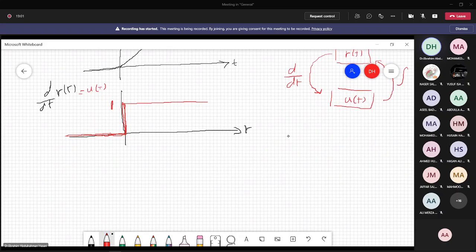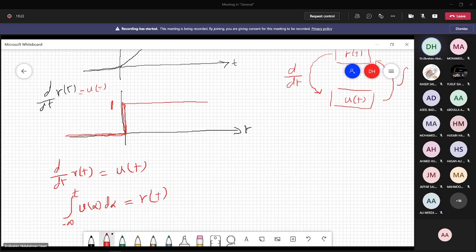So d by dt of r of t is equal to u of t, and the integration of u alpha d alpha from minus infinity to t is equal to the ramp function.